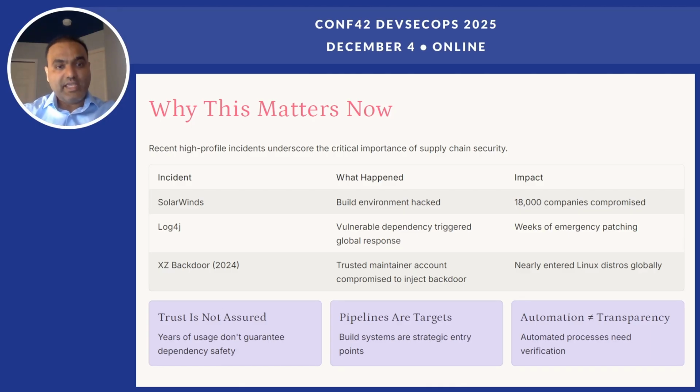These are not isolated cases, they are part of a pattern. All of them teach the same lesson: if you can't see your software supply chain, you can't secure it. Security teams were blindsided not because the vulnerabilities were impossible to address, but because they lacked visibility, traceability, and proof of where the software came from.